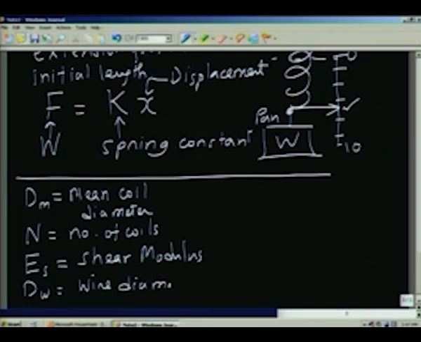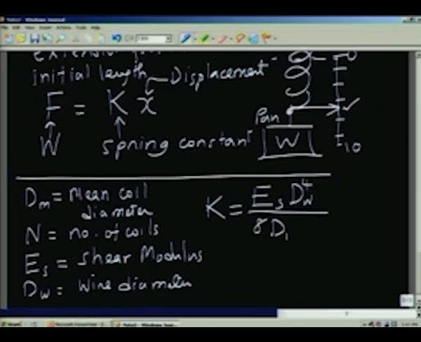So, the spring constant K is given by the shear modulus ES multiplied by wire diameter to the power of 4, divided by 8 times the cube of the mean coil diameter multiplied by n. This gives you the spring constant. So, let us look at the spring constant a little more.